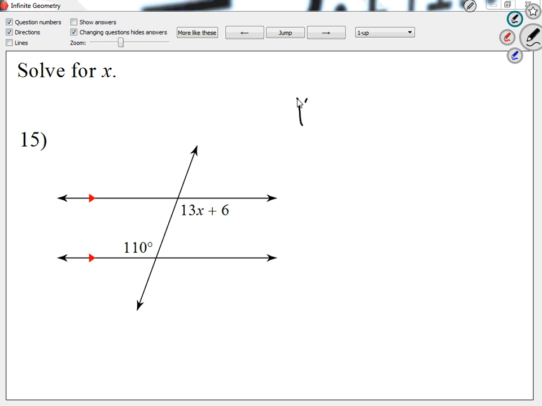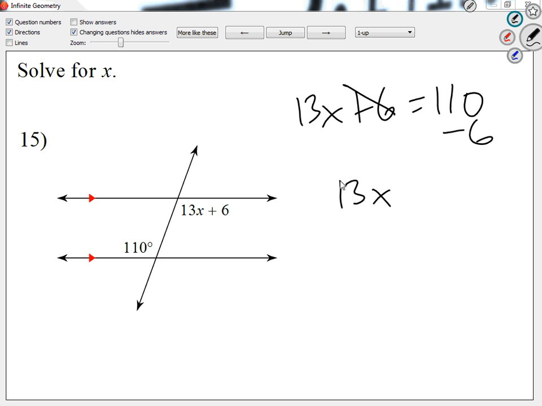So we're going to say 13x plus 6 is equal to 110. Alternate interior angles equal each other. So my plus 6, let me move it as a minus 6 to the other side. Same side interior would be the 180, but not alternate interior. So we have that 13x equals 104. What's x?